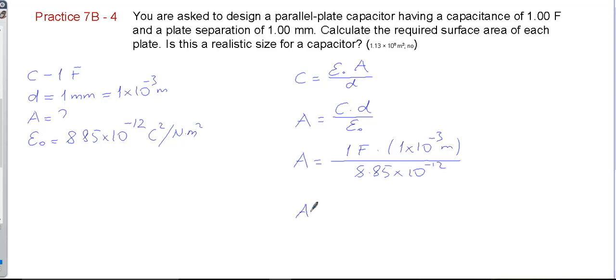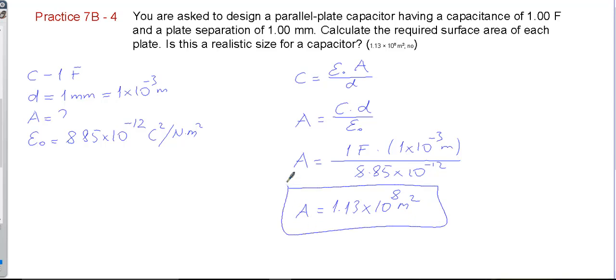So from this equation, with your calculator please, you will get that A is 1.13×10^8 meters square. It's a very huge area, but anyway, it's what our book asks. Area is 1.13×10^8 meters square. Thank you guys.